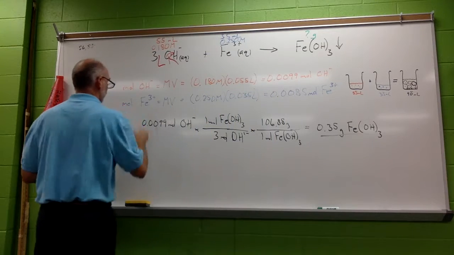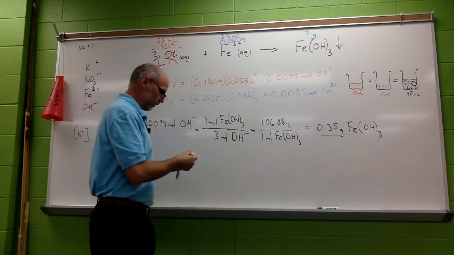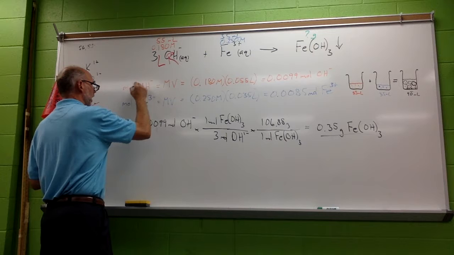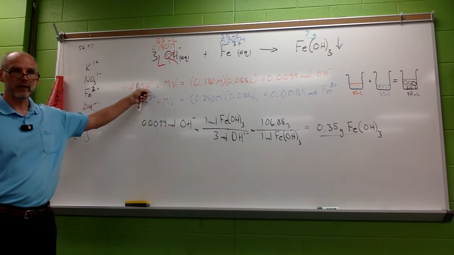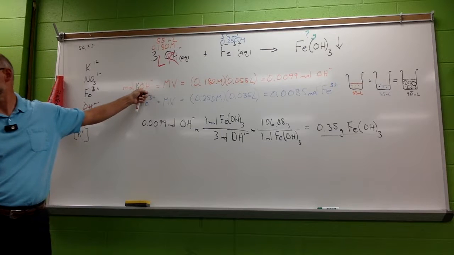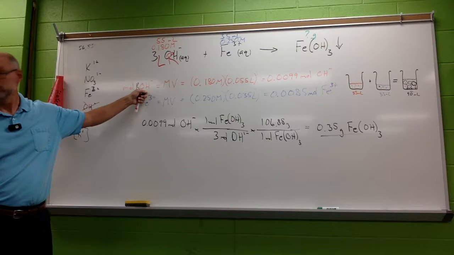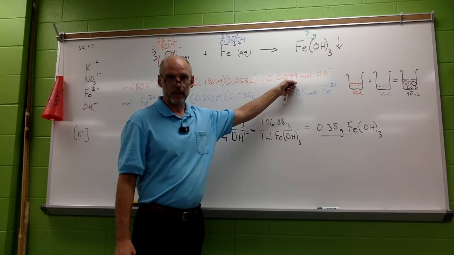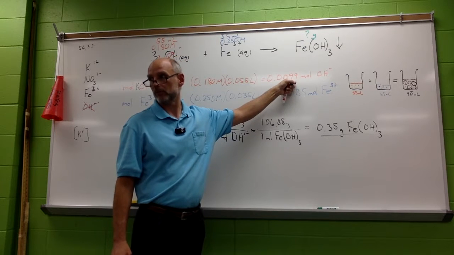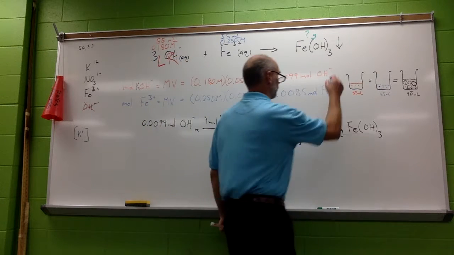Remember, this was originally potassium hydroxide. And when this dissociates, it's going to dissociate in what sort of stoichiometry? 1-to-1, right? So however many moles of potassium hydroxide we have is equal to the number of moles of potassium ion.